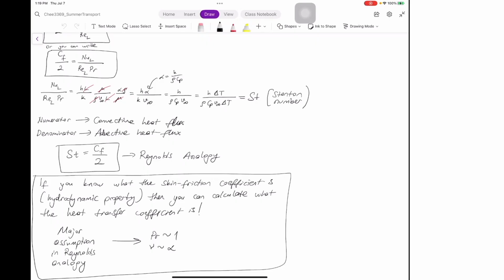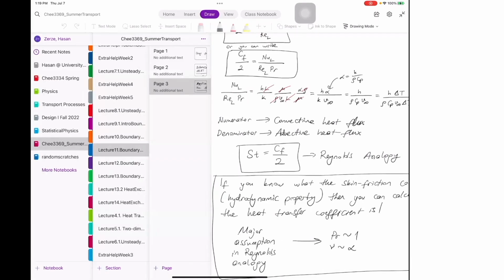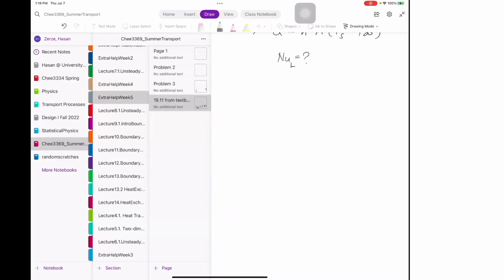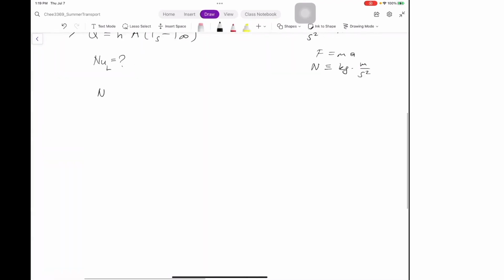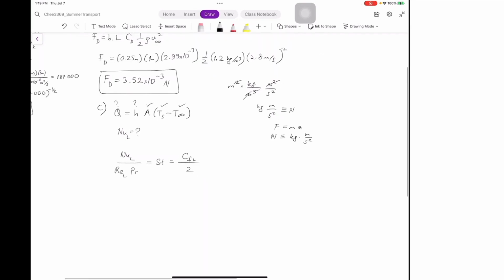So the Reynolds analogy says that the Stanton number is CF over 2, which is the Nusselt number over Reynolds Prandtl. So Nusselt number over Reynolds Prandtl is equal to Stanton number, and that's equal to the skin friction coefficient divided by 2, right?